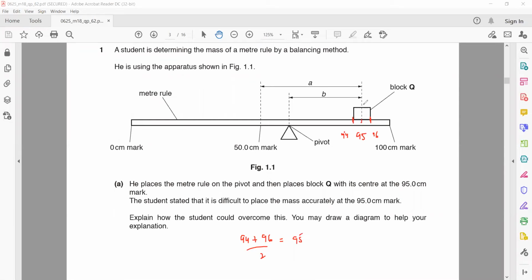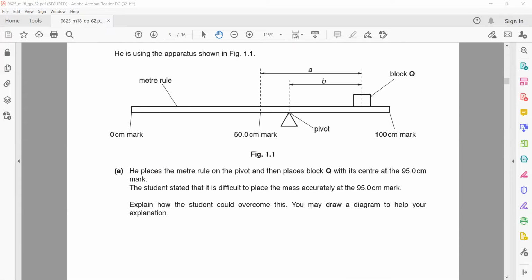Normally when the load is bigger than the width of the rule, we use this technique: we simply measure the markings at the edges and take an average.